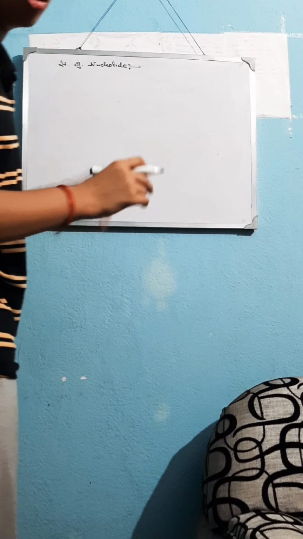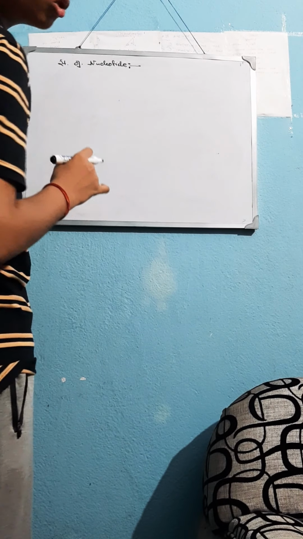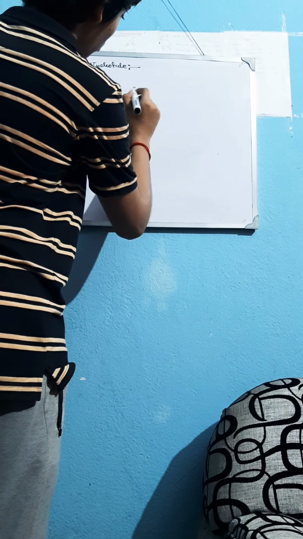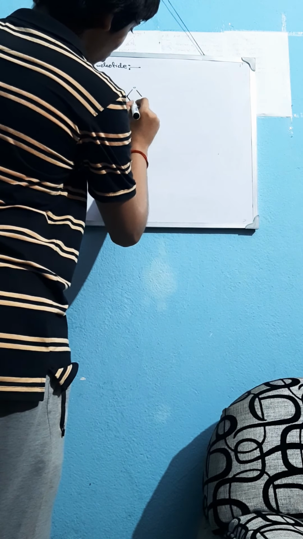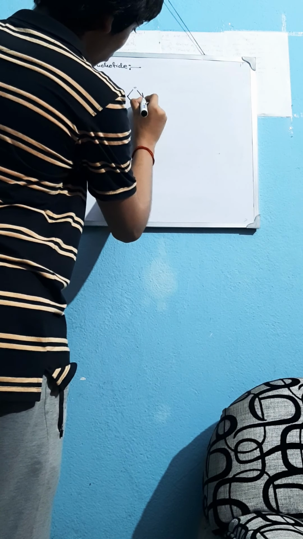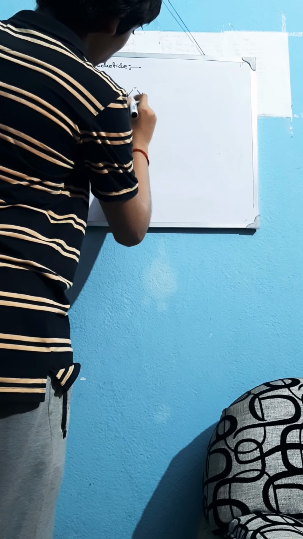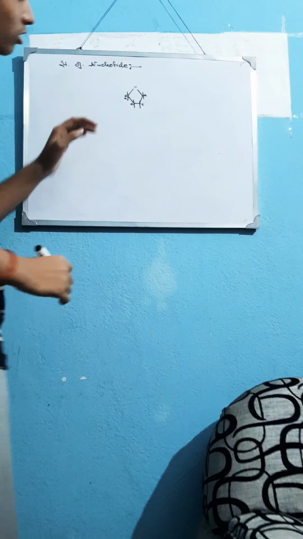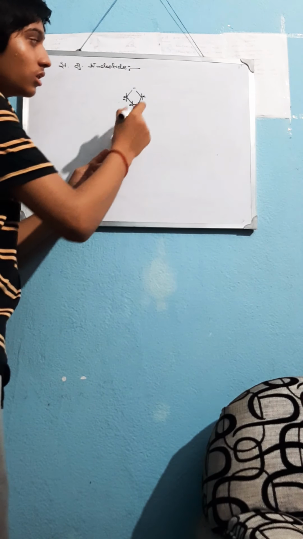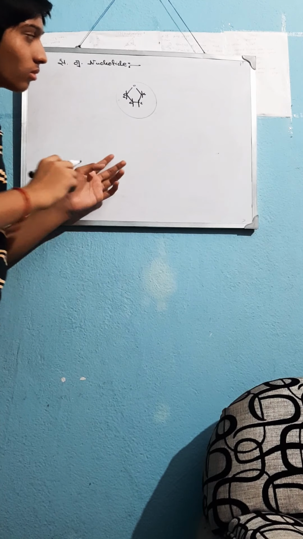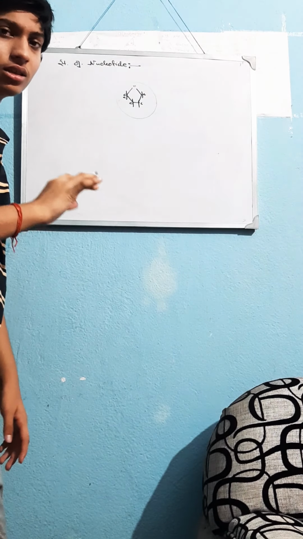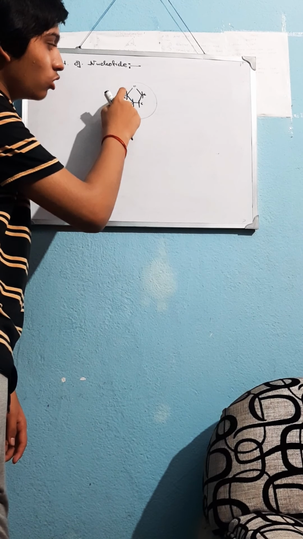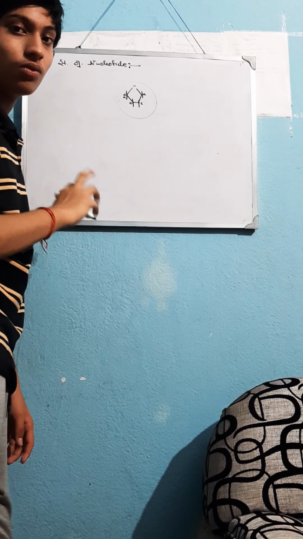Basically nucleotide is composed of three things. So what is this? This is a normal pentose sugar, nothing else. It's just a pentose sugar having 5 carbons. You can see 1, 2, 3, 4, 5 carbons.